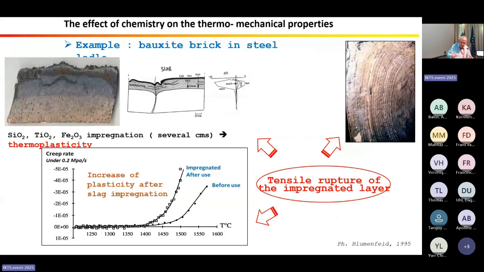And the consequence is a tensile rupture of the impregnated layer. If we represent in the laboratory the creep rate versus temperature, we observe that we have an increase of the plasticity after slag impregnation. That means that we have a good correlation between industry observation and experiments in the lab.